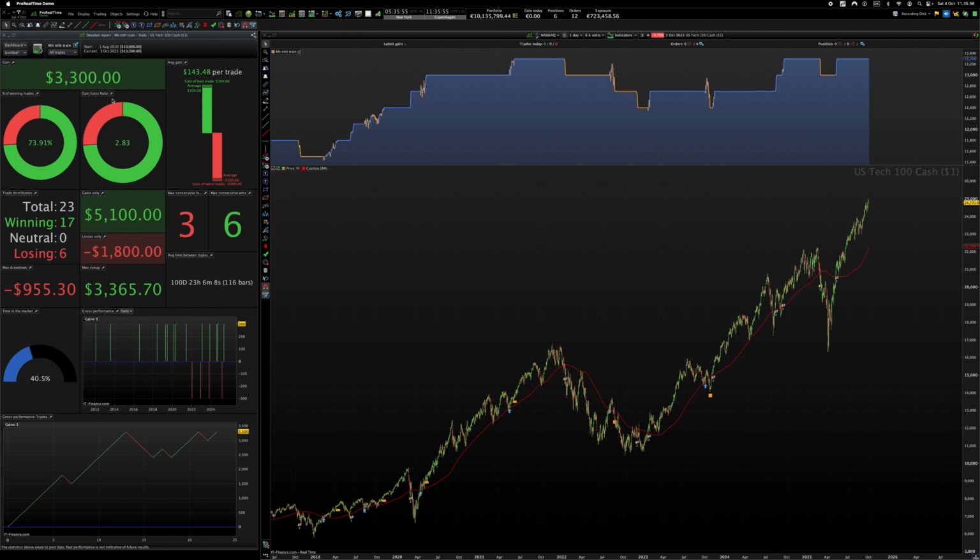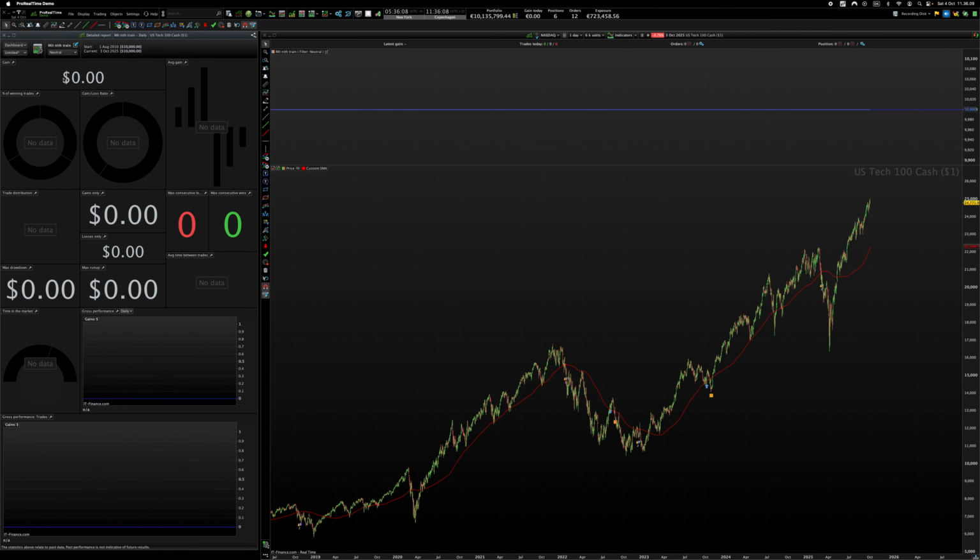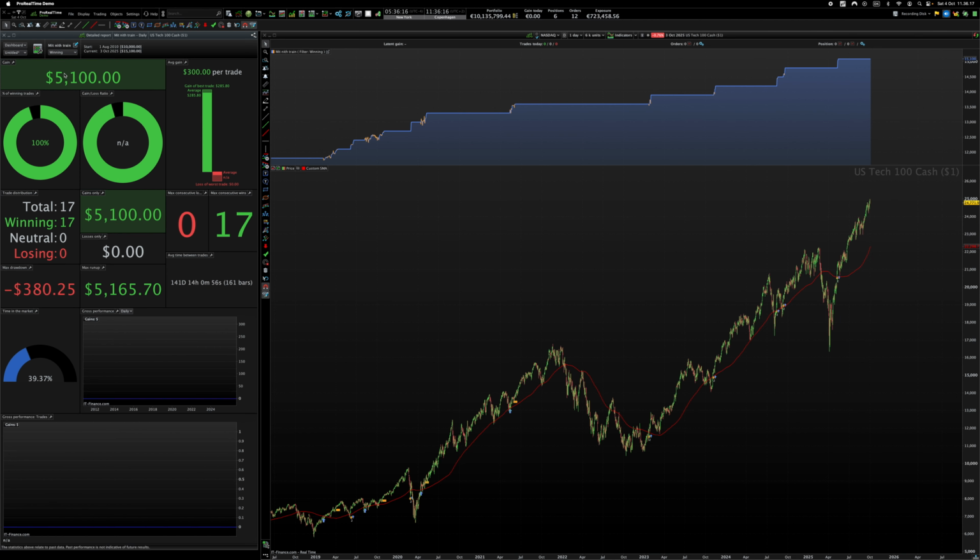Right, so this is the losses only. Yeah, 1,800. It's all right. No neutrals. Clear, which is a very good indication that the code is actually coded correctly.